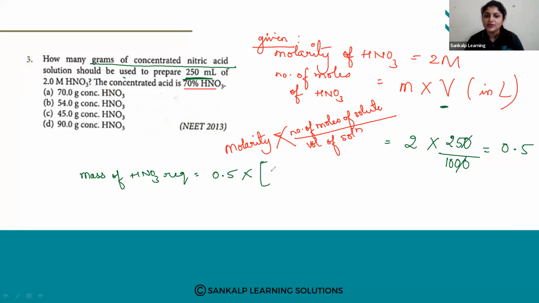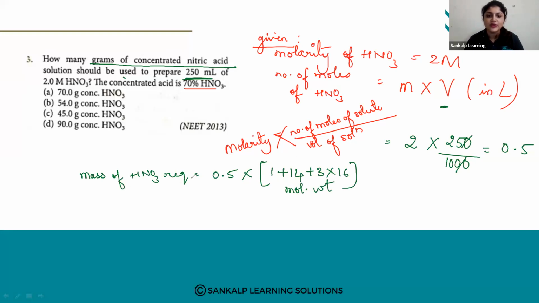The molecular weight of HNO3: hydrogen is 1, plus nitrogen is 14, plus 3 into 16 for oxygen. This is the molecular weight.